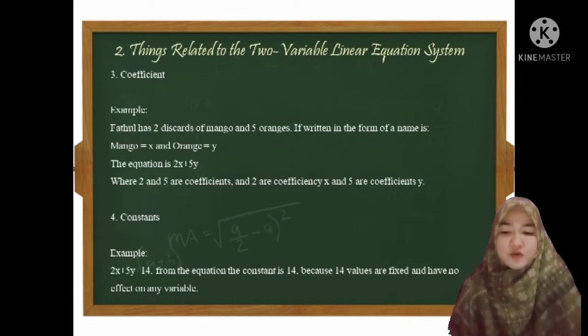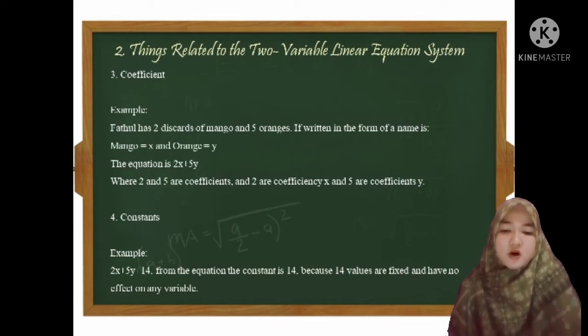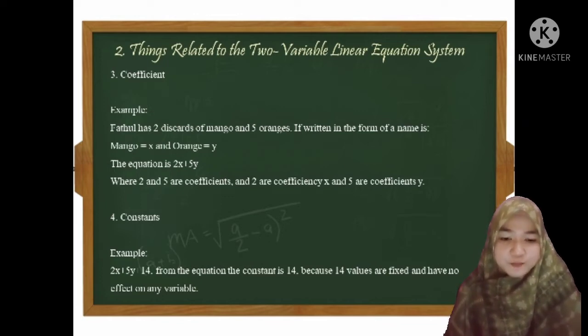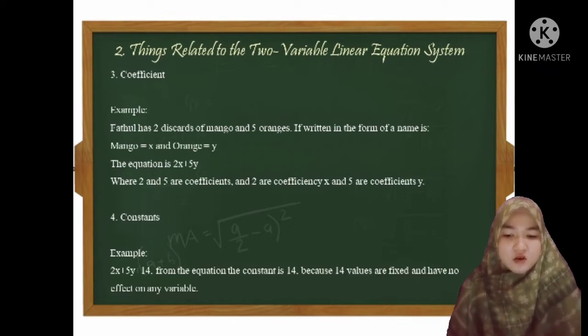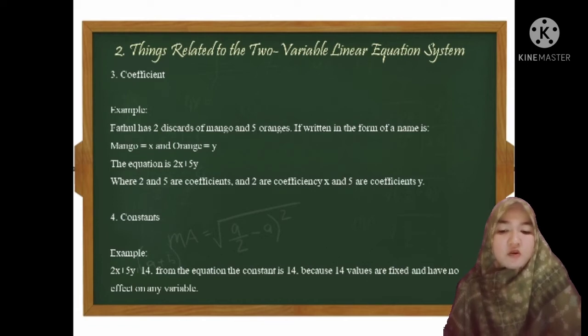3. Coefficient. A coefficient is a number that states the quantity of similar variables. Coefficients are also called the numbers in front of variables, because a coefficient is written in front of the variable.